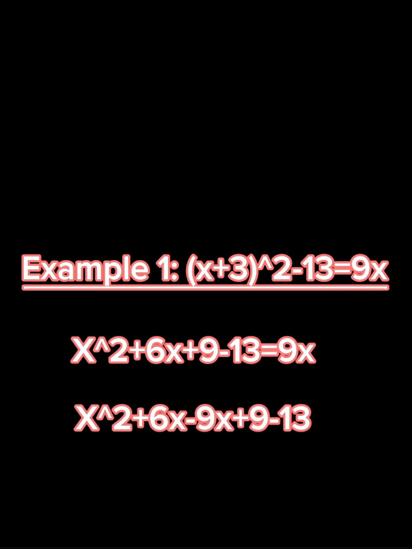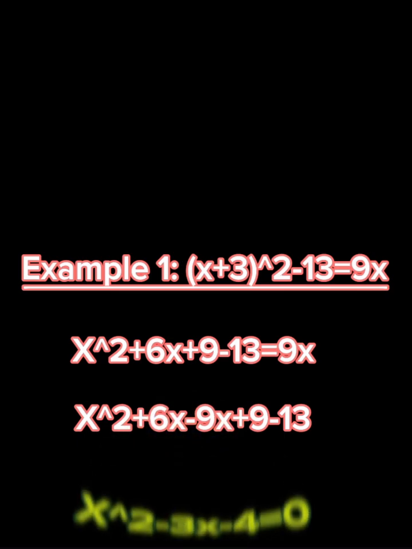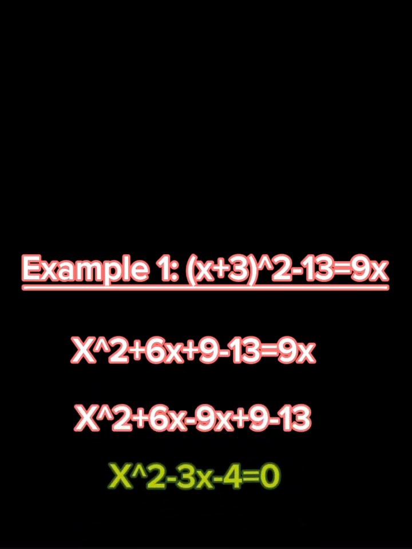So we'll get x raised to power 2 plus 6x minus 9x plus 9 minus 13. Then 6x minus 9x equals minus 3x, and 9 minus 13 is minus 4, equals 0. So the x raised to power 2 will remain.